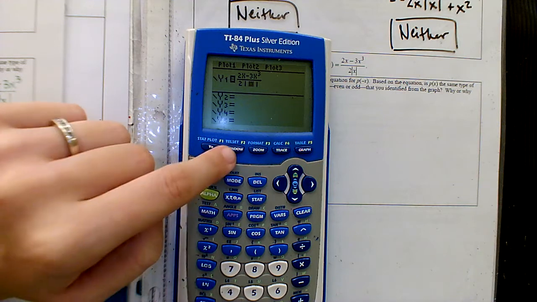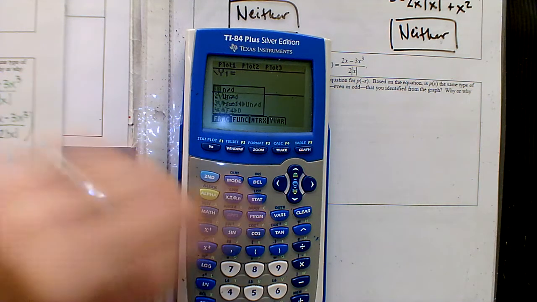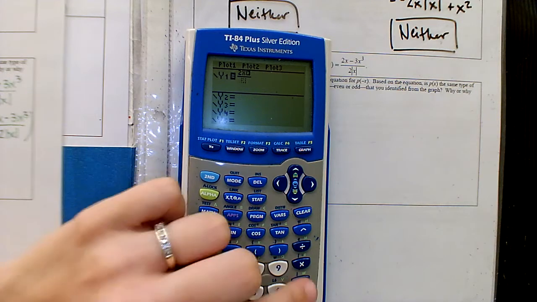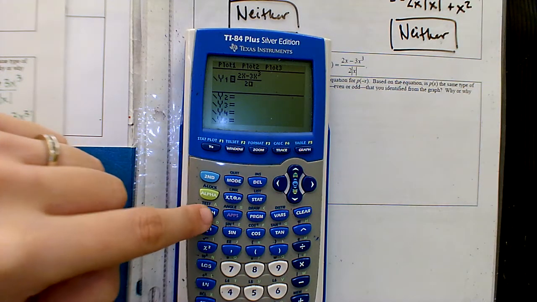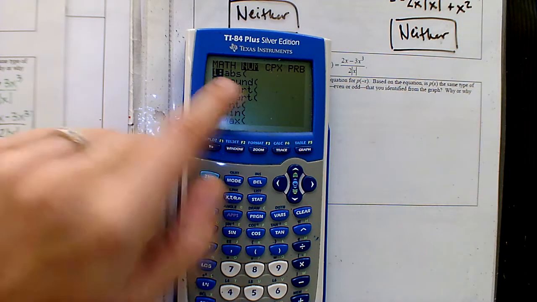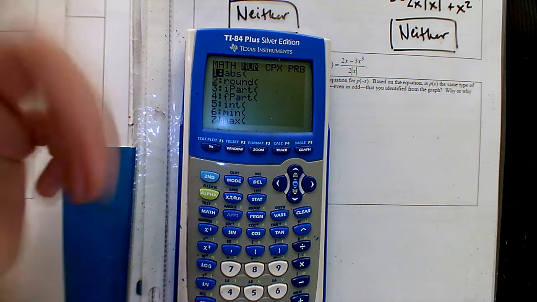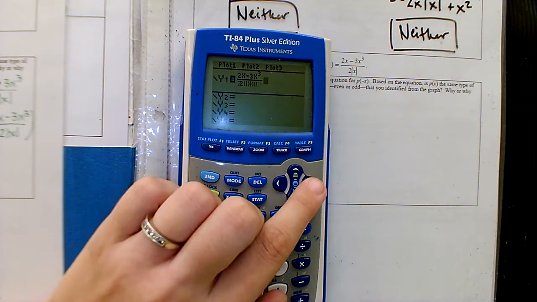Okay, so you can go alpha window, the first one. I'm going to delete that for a second. 2x minus 3x to the third. On the bottom, this is the way I was familiar with it, if you hit math over to number, it's the first one, ABS. But there's more than one way to bring up these commands on your calculator.